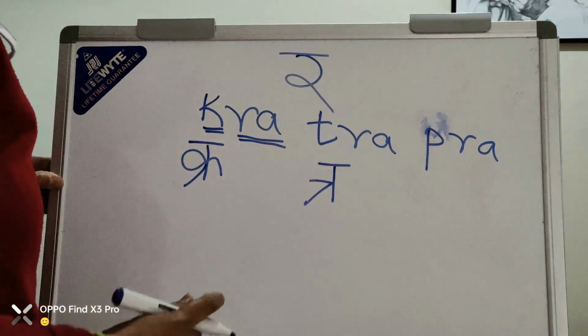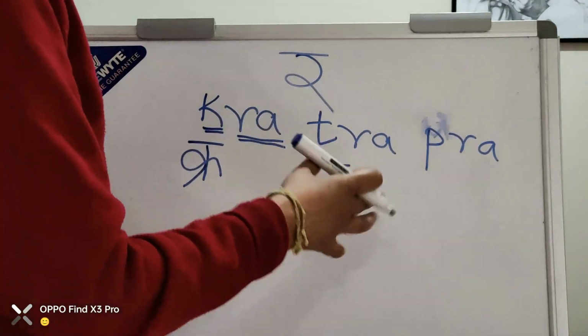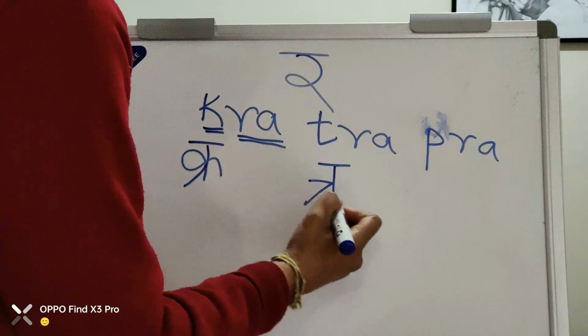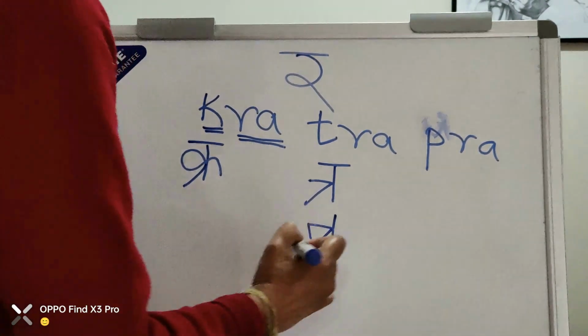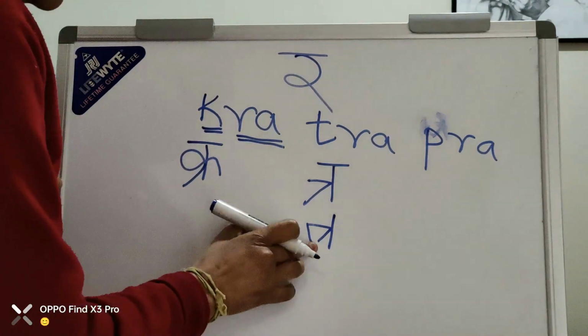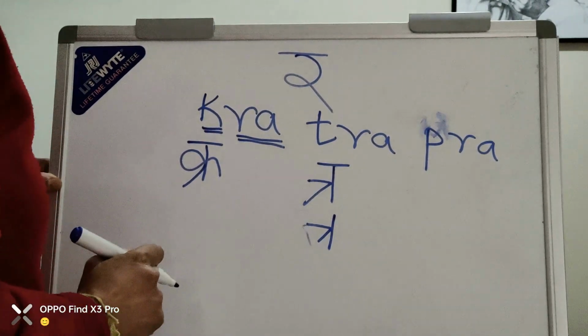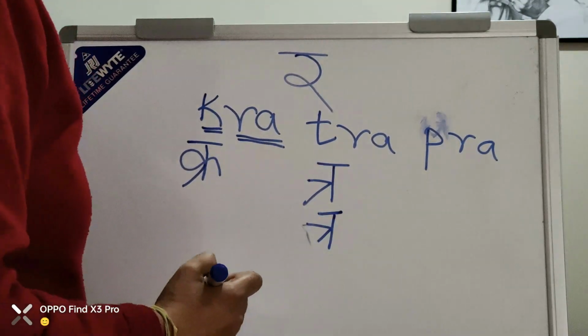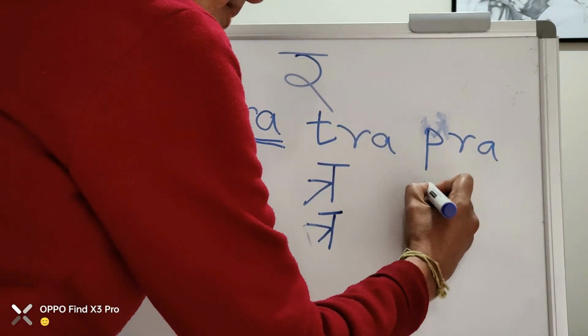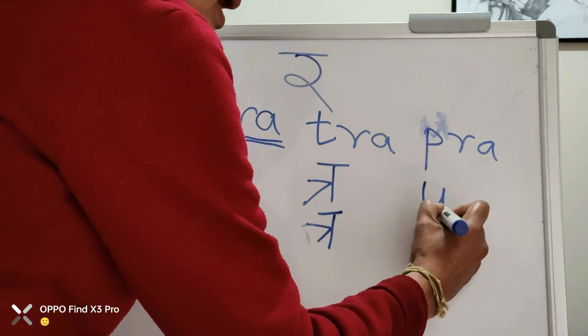That's right. And here it's even more special because the full ta is not even written. How would you otherwise write tra? You would say ta and that. But here you're not even writing this. Okay? Tra. Pra. Pa. And the ra.